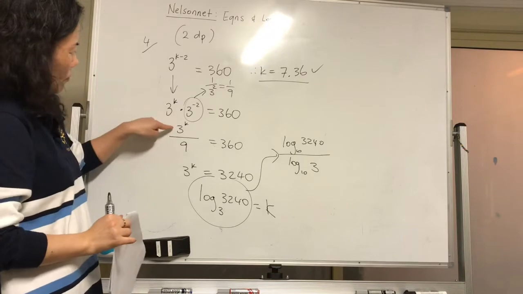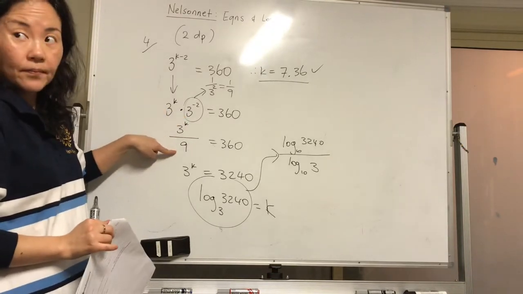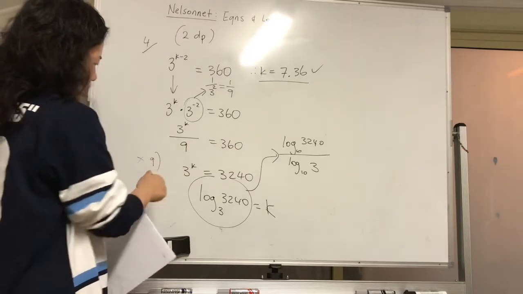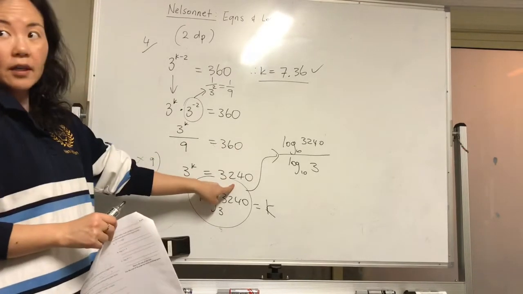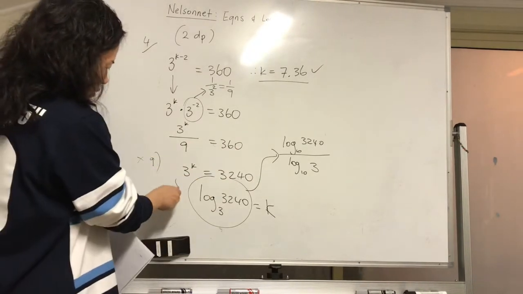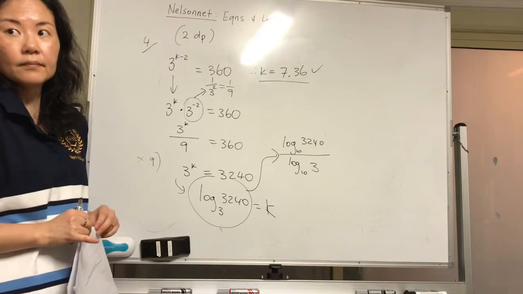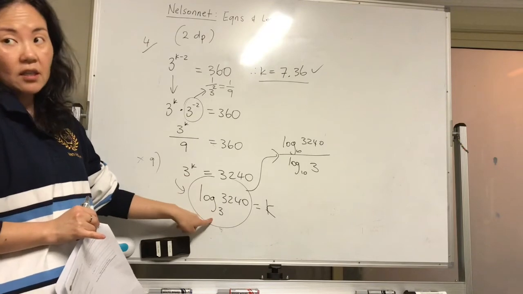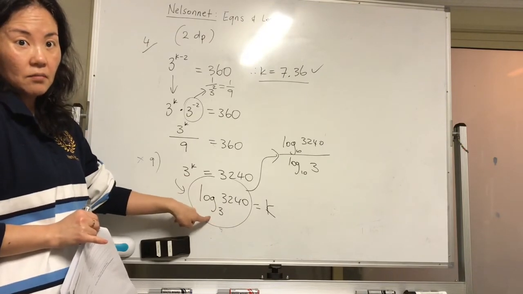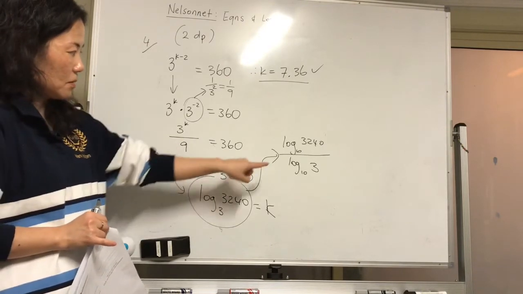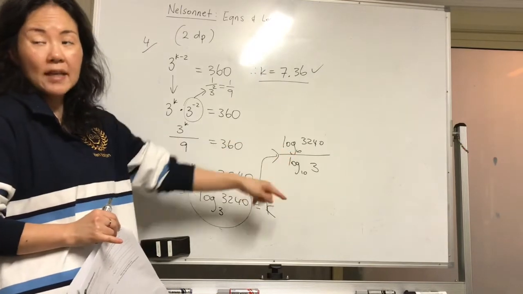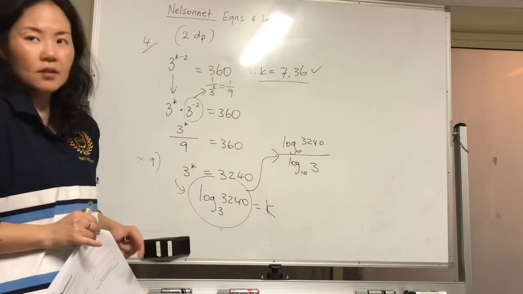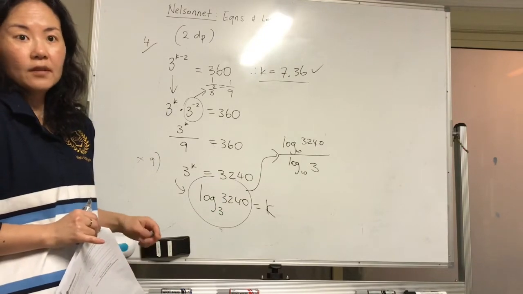So then I'll get 3 to the power K over 9 equals 360. And then I'm going to times by 9 on both sides. That's what I've got to get. And then I change back to log. And now you can't put this in your calculator like this, because what you put in your calculator has to be base 10 or base E. So what I've done is that, and I've put it into the calculator. Does that make sense?